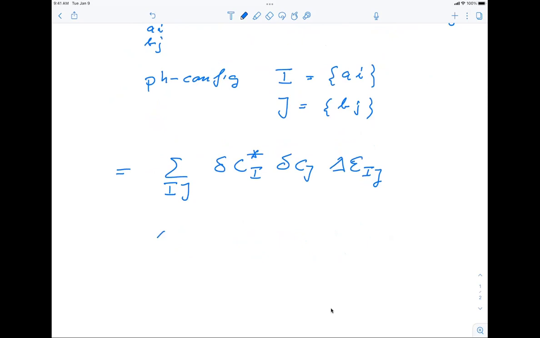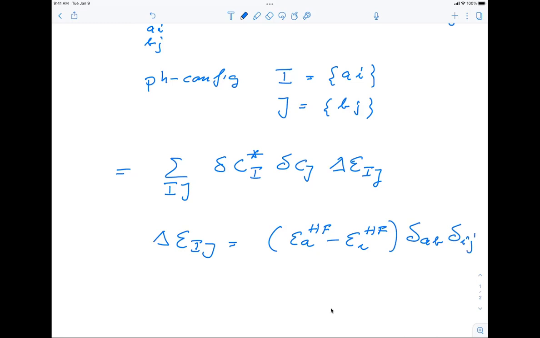And this delta epsilon of IJ is now going to be given by epsilon_A Hartree-Fock minus epsilon_I Hartree-Fock. And then I have a delta_AB, and then I have a delta_IJ here. So this is just going to be a diagonal matrix element.